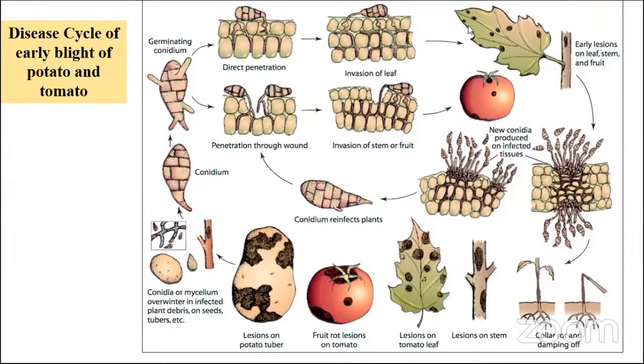Then, in the infection, lesions appear on the leaf, stem, and fruit. New conidia are produced on the infected tissues, and these conidia get detached and again germinate, penetrate into the tissues, and cause infection in the fruits. That is how the cycle of Alternaria solani gets repeated.